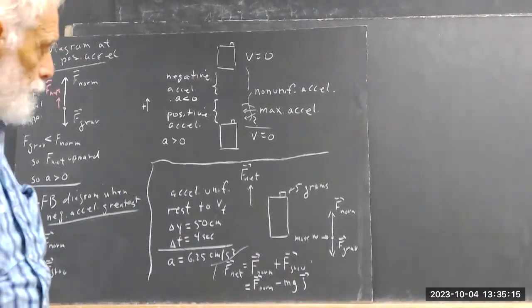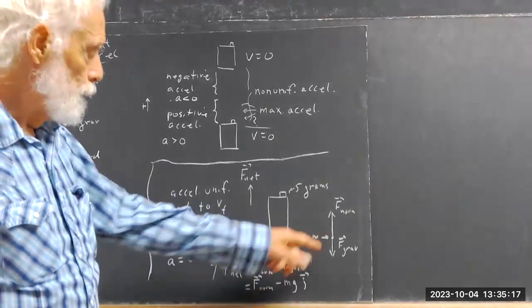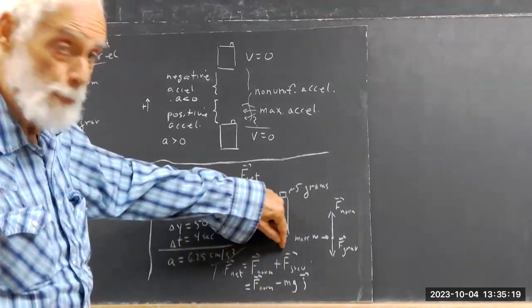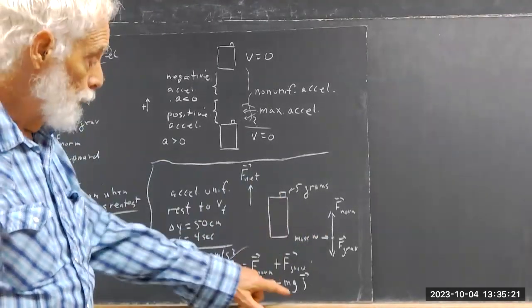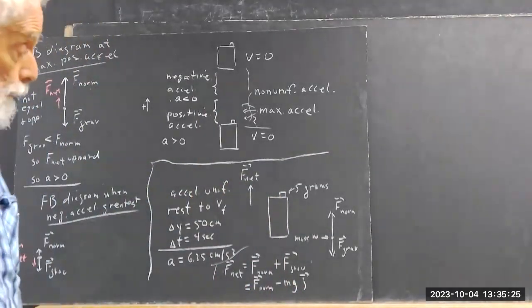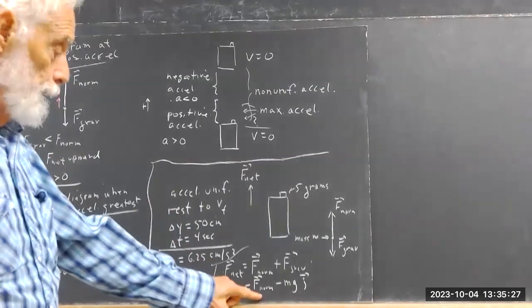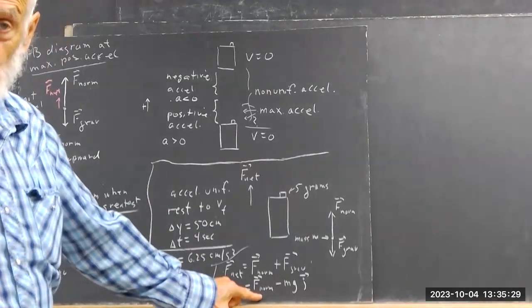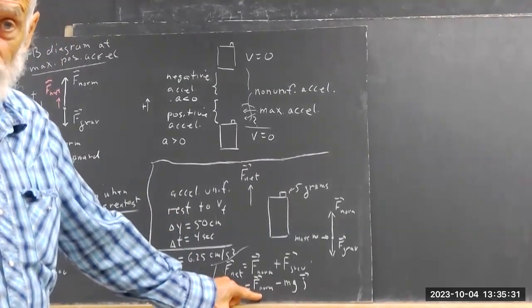Okay. So we know that there are only 2 forces. F net is the sum of those 2 forces. One of those forces is in the negative j direction, the other is going to be in the positive j direction. But we don't know that yet. I mean, we kind of do know that, it's pretty obvious.